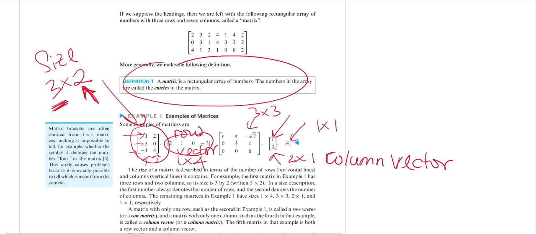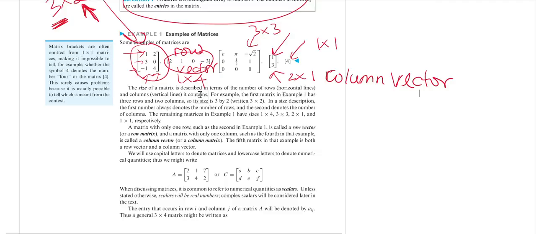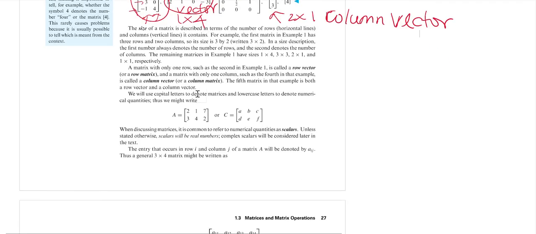We'll come back to that later. We're going to mention that a lot in our classes. So these are how we talk about the size of a matrix, and the size is important because we are going to use it to talk about matrix operations.